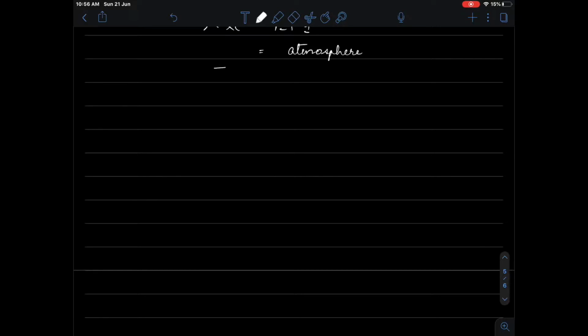Then let's have a look at the next kanji. This means honki, or rather you read it as honki, which means seriousness or earnestness.